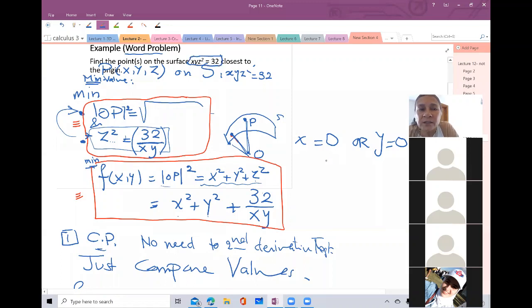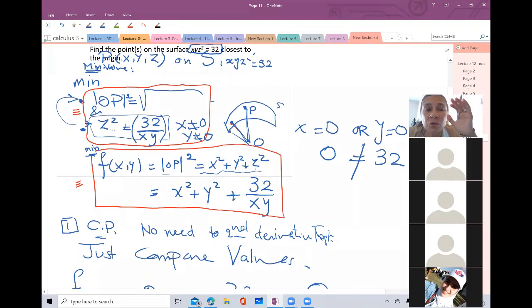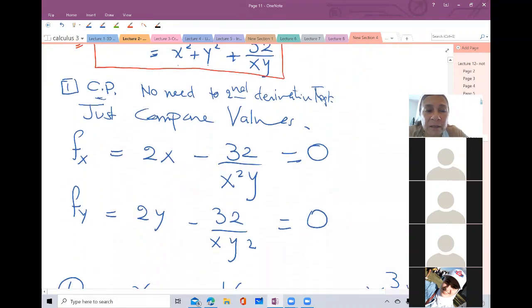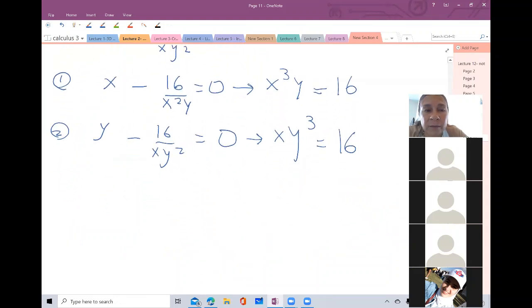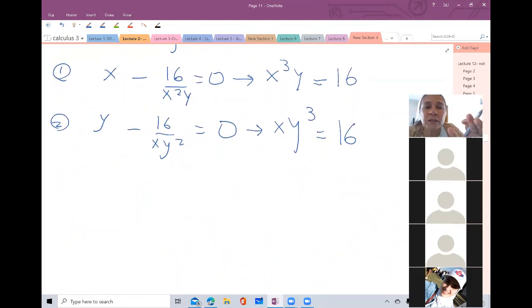But if I put x as 0 or y as 0, it gives me 0 equals 32, which is not possible. Okay? So I can conclude that neither x nor y is equal to 0, and not even z. So I can simply divide by xy. If you don't have any clue that this is not allowed, take this into consideration. You have to say: in case this is 0 or not 0, the word problems do have meanings. You have to fix the numbers and make sure that you got all possible solutions.